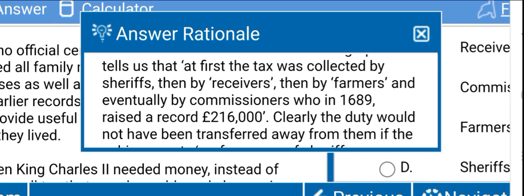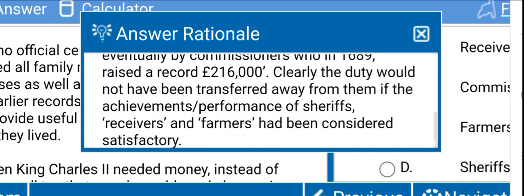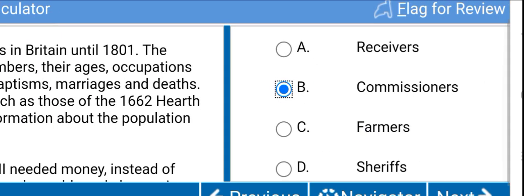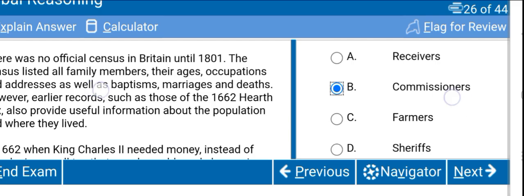Clearly, the duty would not have been transferred away from them if the achievements or performance of sheriffs, receivers, and farmers had been considered satisfactory. So the option B, that is commissioners, is the right option.